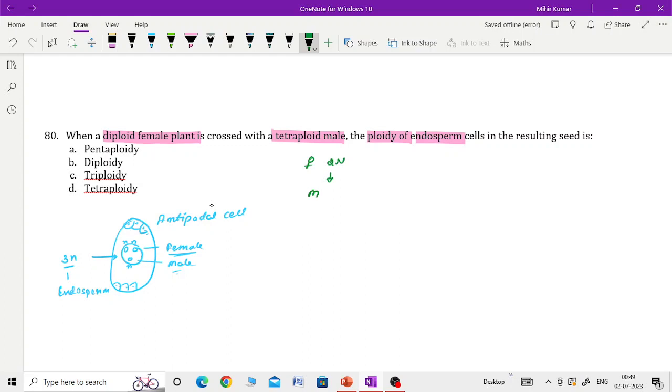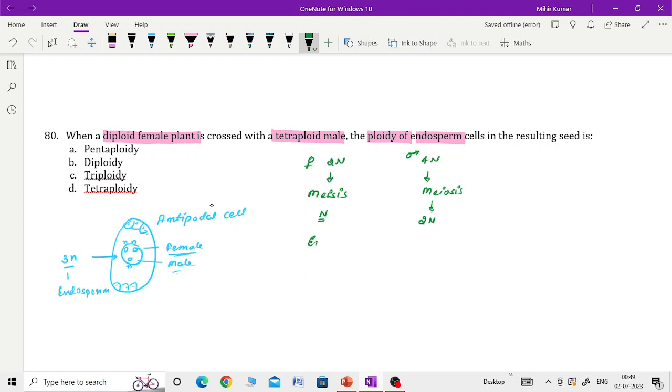First meiosis occurs and the gametes formed are single n, meaning haploid. But the male is 4n. Then meiosis occurs, and they produce 2n pollen. The pollen have 2n, meaning the pollen are diploid.